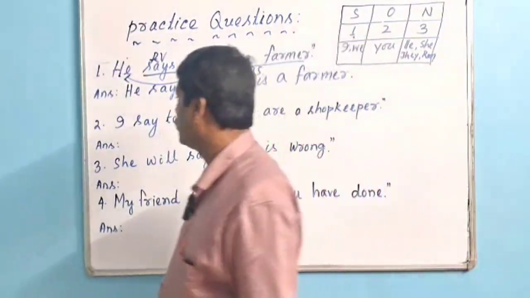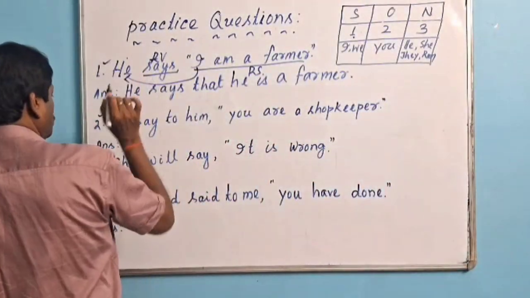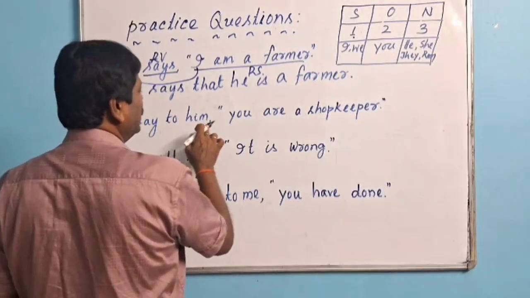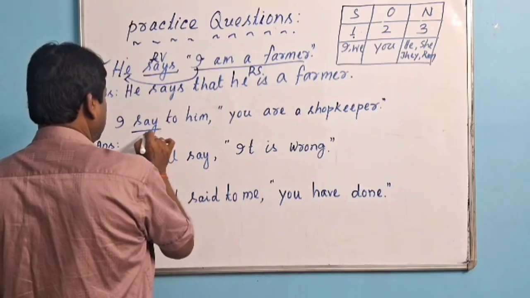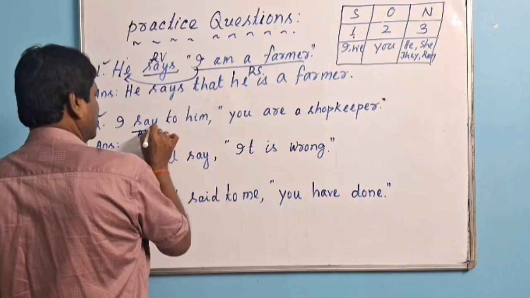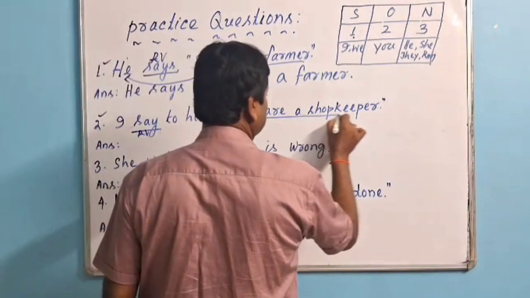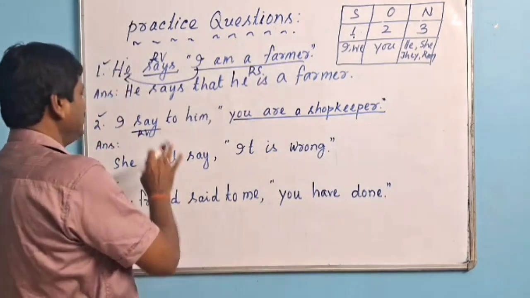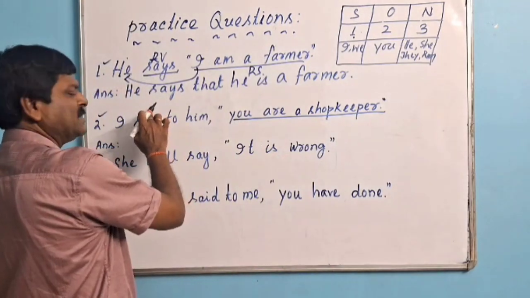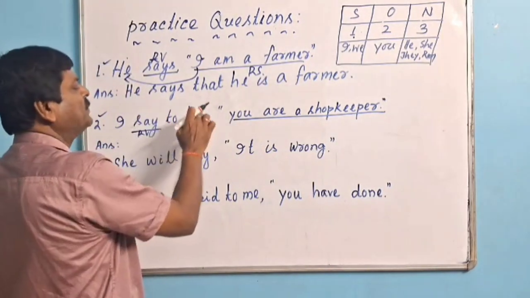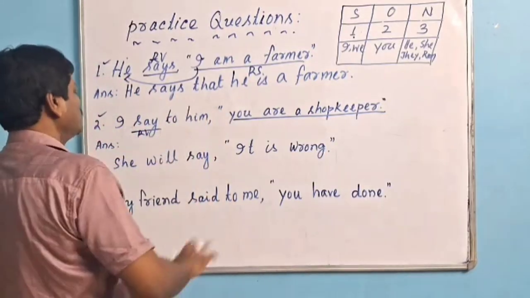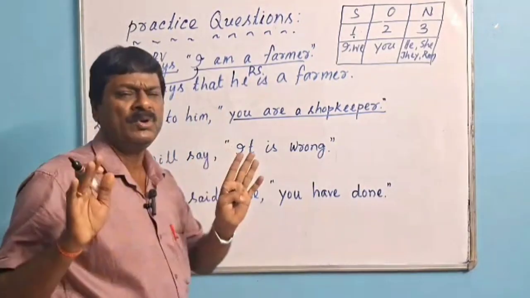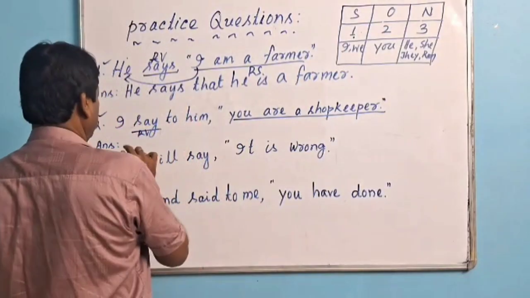Okay. Then we shall go for question number 2. I say to him, you are a shopkeeper. This is RV and this is the RS part. So you see here, the RV is in present tense, and the object is here also. So say will change to tell, and to will be dropped.